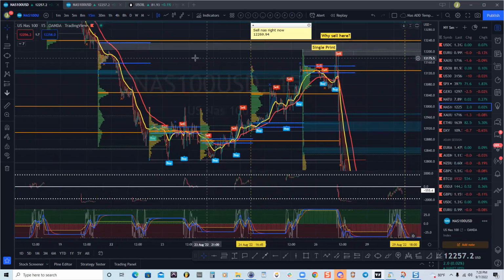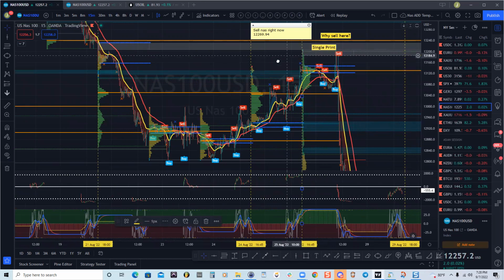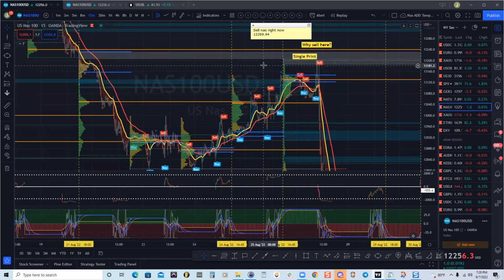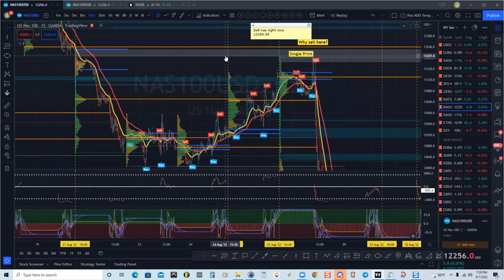Now it's important that you see where the top box started. This one started on the 21st. Where did the bottom, the second box start? This one was on the 25th, Asia session. Did the candle hit the top box or the second box?